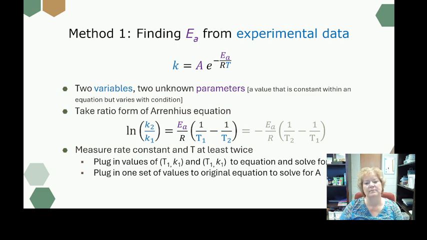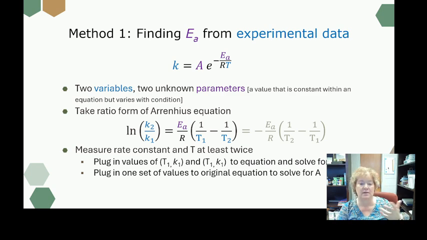So in method one, if I have two variables, right? So I have K, I have T. I want A and EA. Well, in theory, two variables, two unknown parameters. Now, what's the difference between a constant, a parameter, and a variable? A variable is something that's always changing, right?